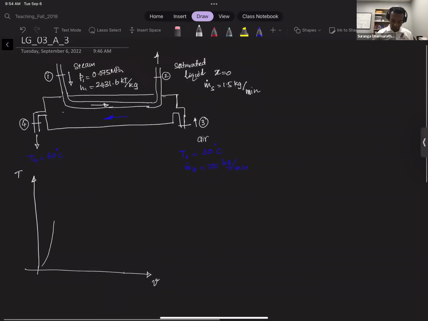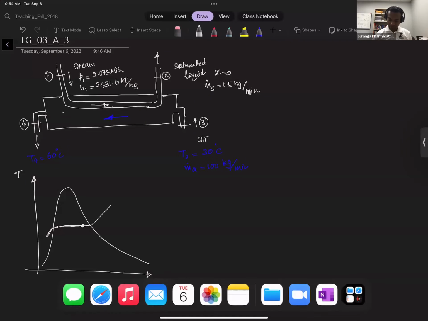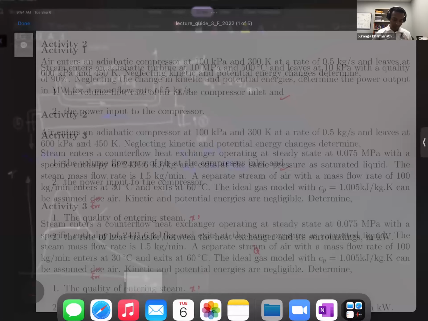So I'm going to draw the 1 to 2 process here at a given temperature. It should be somewhere here, and then flows into that. So how do I know whether this is in here? So let's go to the table.